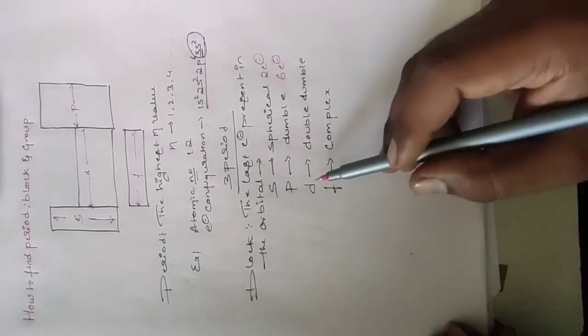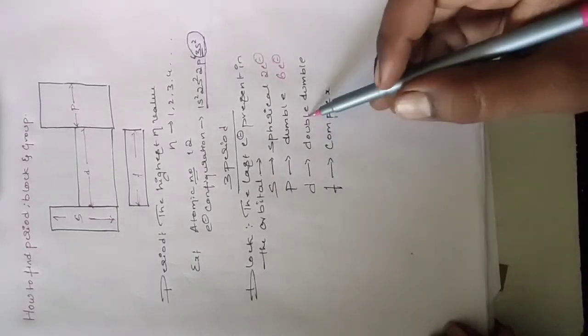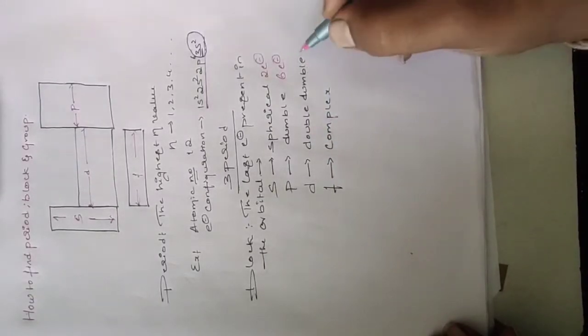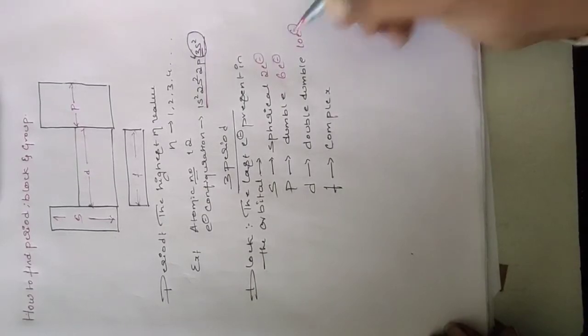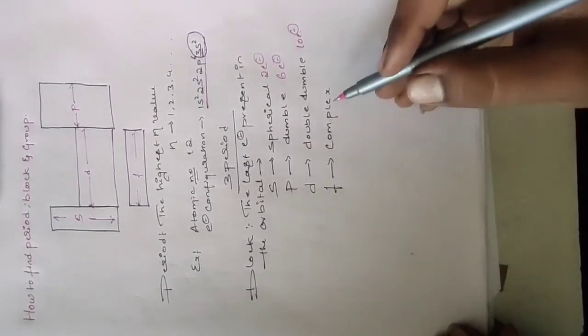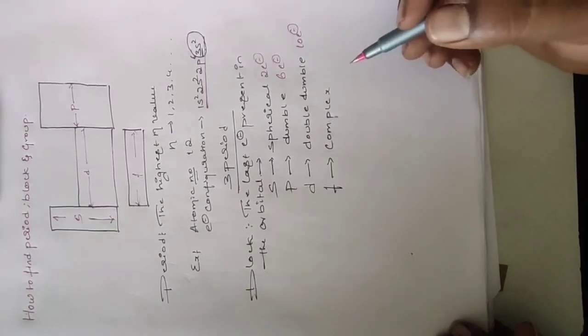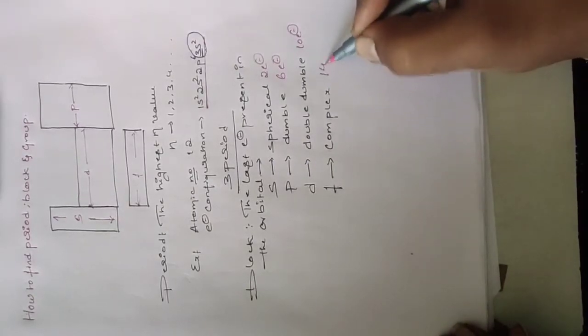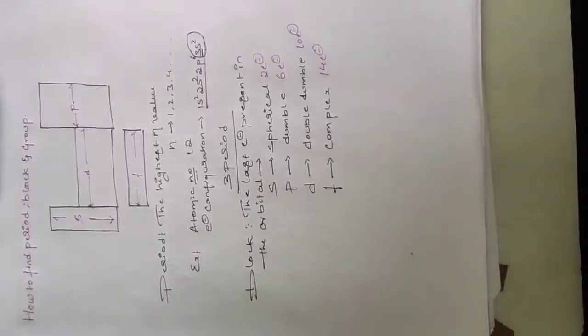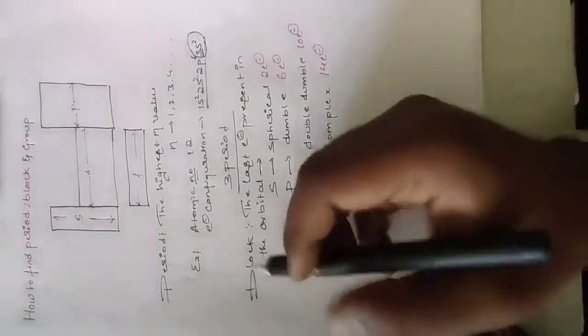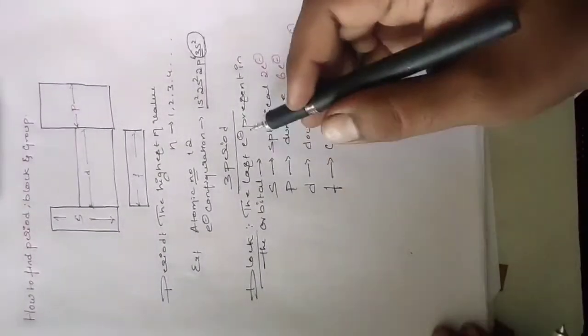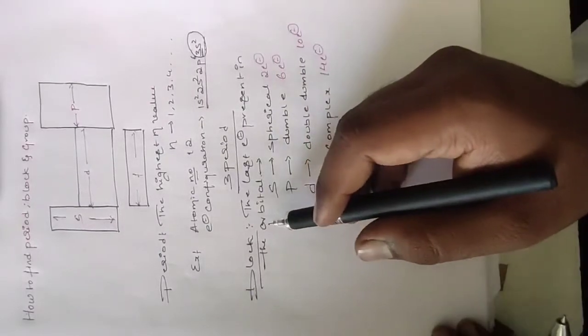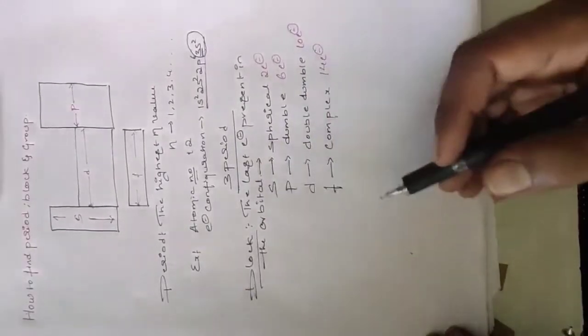The D block also has a dumbbell shape, and it has 10 electrons. The F block is complex, and it has 14 electrons. Now, to find the block, see the last electron present in the orbital. The orbitals are S, P, D, F.